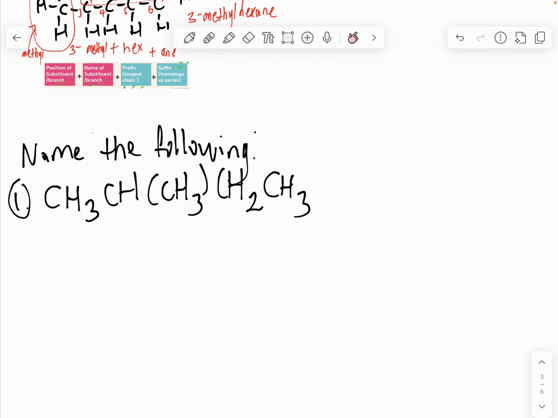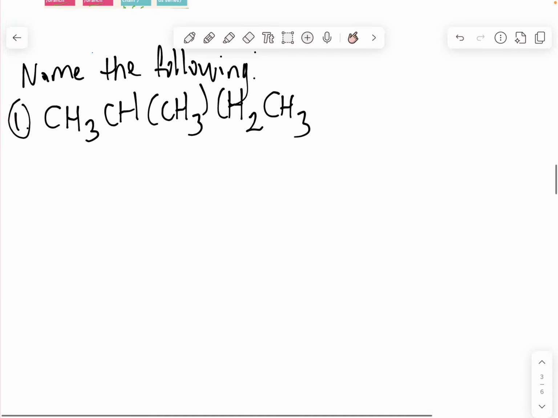You can look back on the definition for that, but the condensed formula does in fact give you a lot of information, but you don't see the dashes, you don't see the bonds, but you know that, hey, this carbon is bonded to this hydrogen is bonded to this oxygen, and so on.